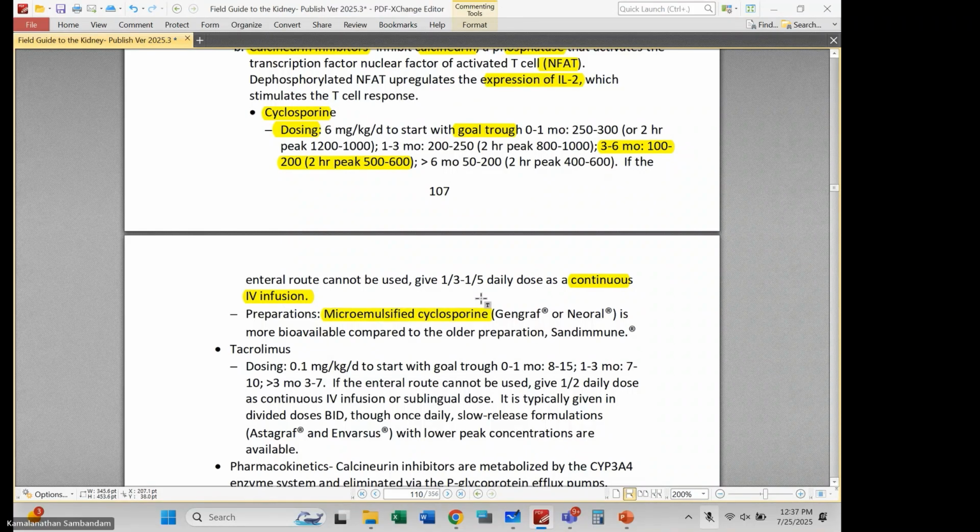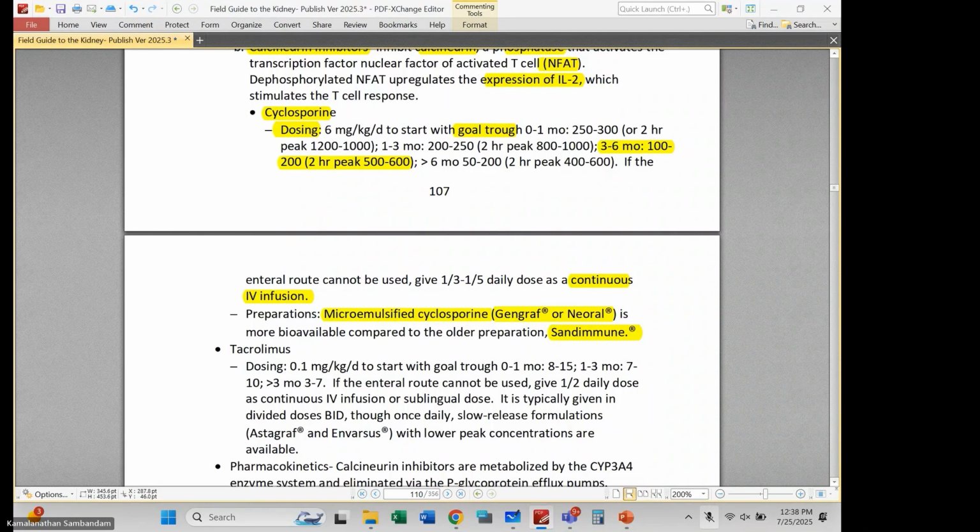We now use most commonly this microemulsified form. The brand names are Neoral or Gengraf. The oldest calcineurin inhibitor, the first calcineurin inhibitor that was developed, was this molecule called Sandimmune.